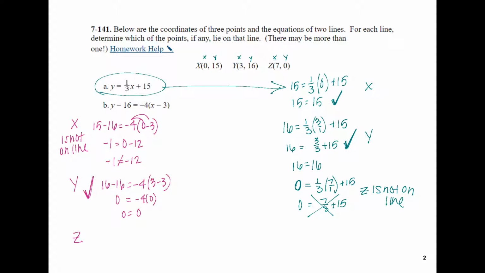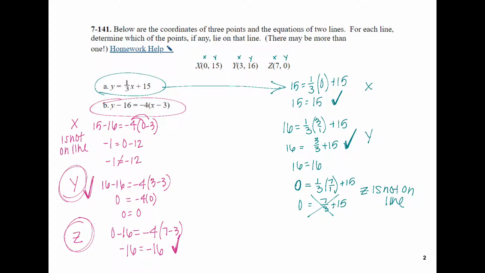Let's take a look at z. 0 minus 16 is equal to negative 4 times 7 minus 3. Negative 16 is equal to negative 4 times 4 is negative 16. z is also a point on line B.